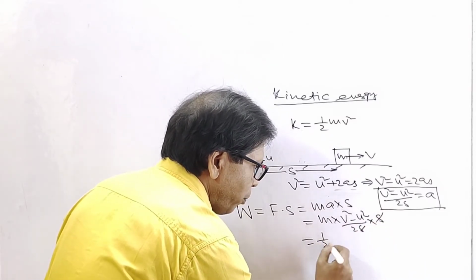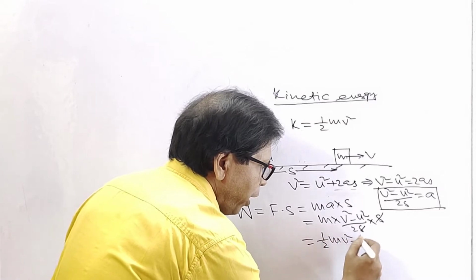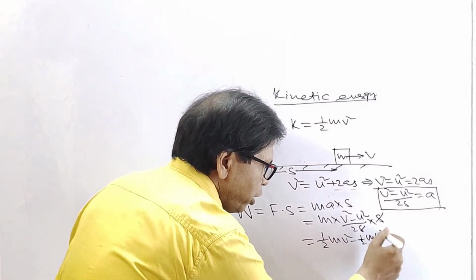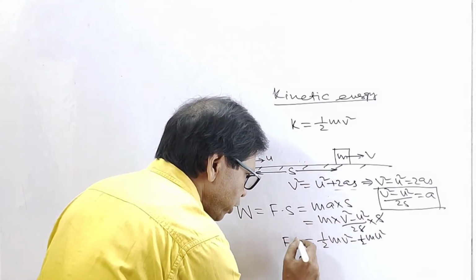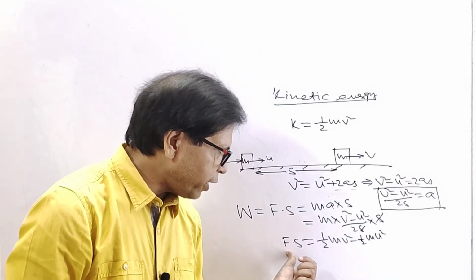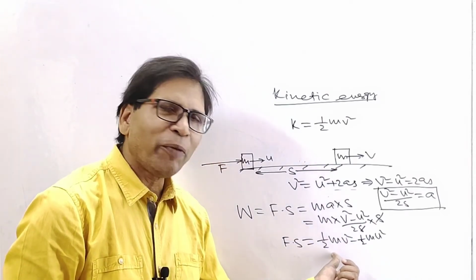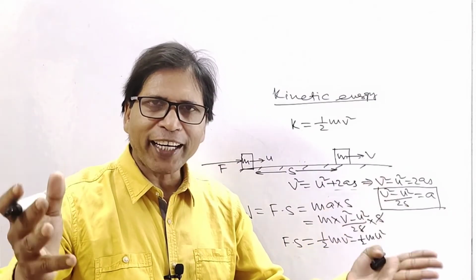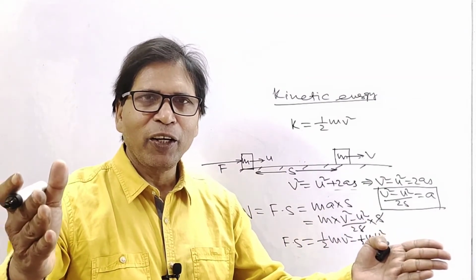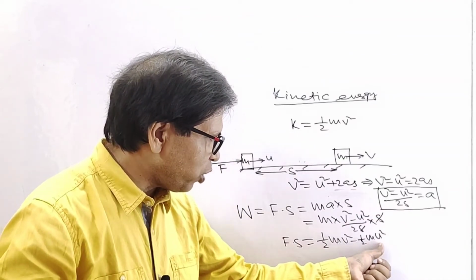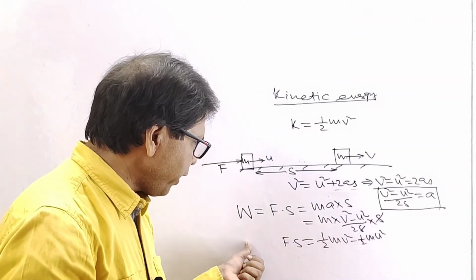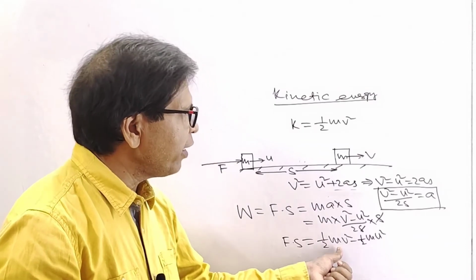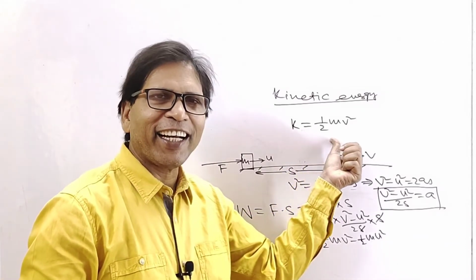So this is half mv square minus half mu square, which is the change in kinetic energy. Therefore work done is equal to change of kinetic energy. This is known as the work energy theorem. If u equal to 0, then work done is equal to half mv square. This is known as kinetic energy.